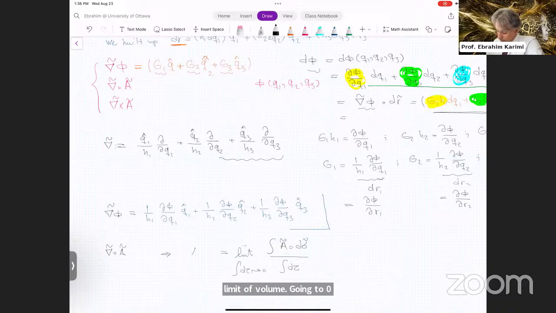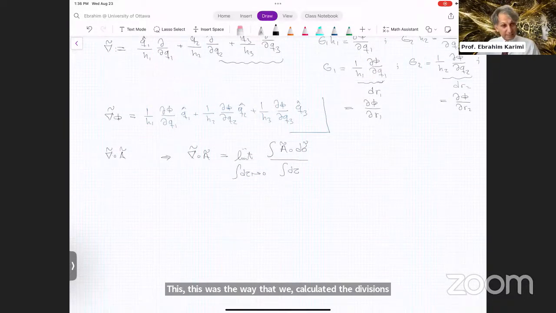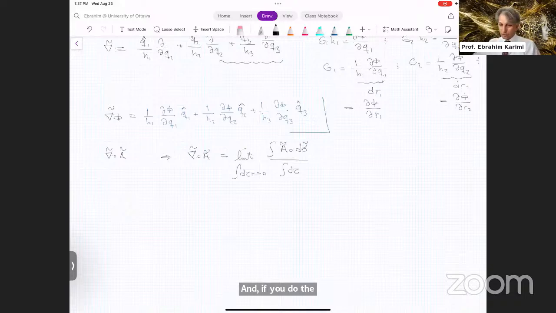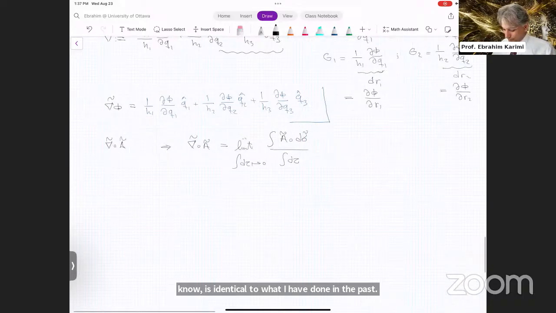Then that will give you the divergence of the vector. This was the way that we calculated the divergence of A, and also the curl of A, in the same fashion, calculated on a loop. If you do the calculation, it's identical to what I have done in the past, but it's a little bit lengthy. I don't want to go through all of these calculations.